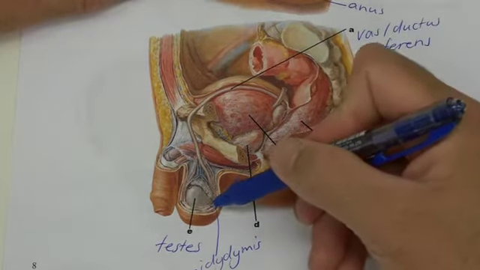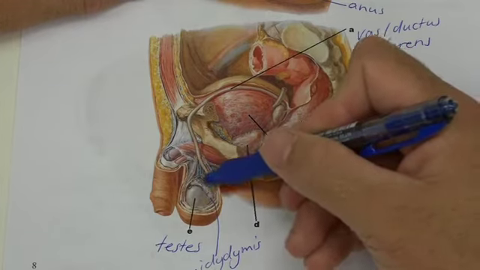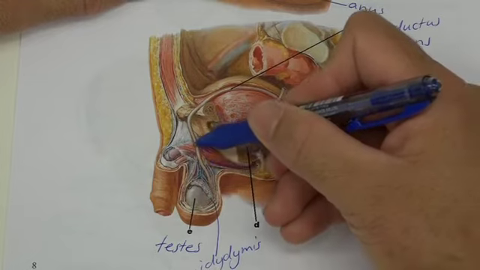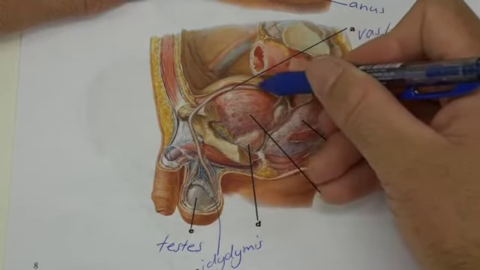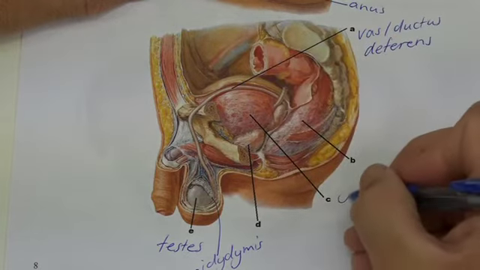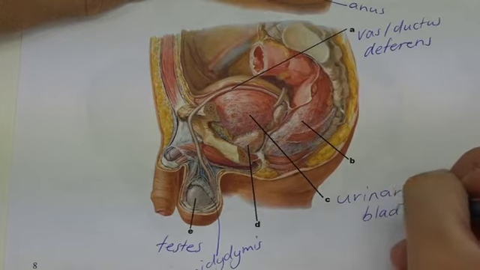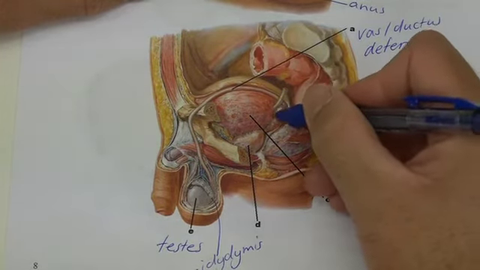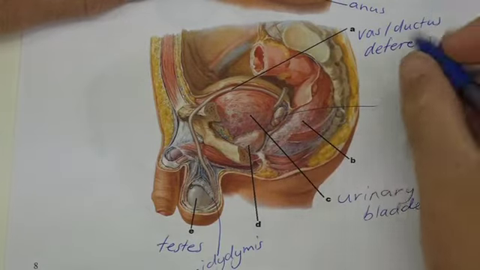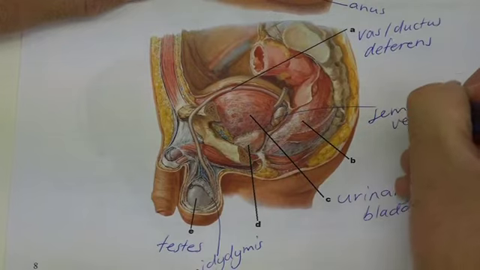This would carry the developed and developing sperm up from the epididymis, now back inside the body, running across the superior aspect of the urinary bladder and coming in contact with this structure here, which we call the seminal vesicle.